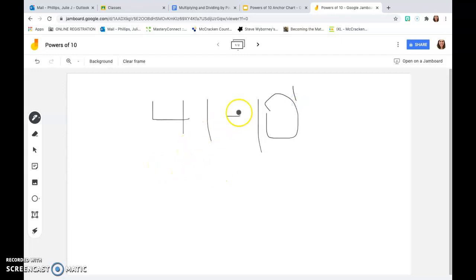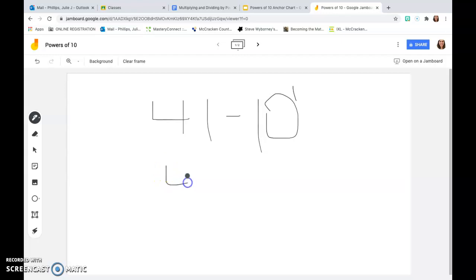So when I divide by powers of 10, and it's kind of hard to see my division sign there, I'm moving my number to the right 1 time. I have a 4 in the tens place and a 1 in the ones place. I'm going to be shifting my place value to the right 1 time.